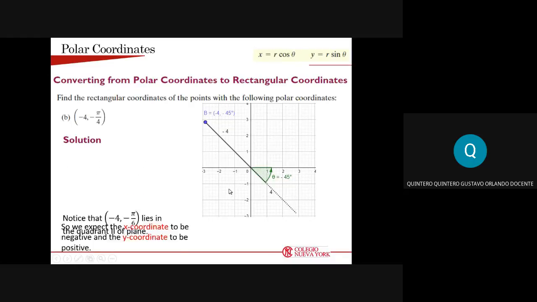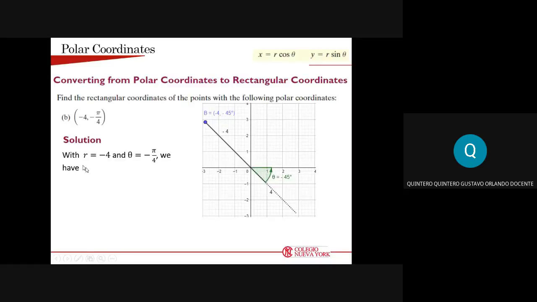All right, let's look at the formulas now. Replacing the values of r and theta in the formulas is going to give us negative 4 times the cosine of negative pi over 4. Right? Doing this in the calculator, it's going to give us the result. Again, we are rounding, so we use the symbol for round.